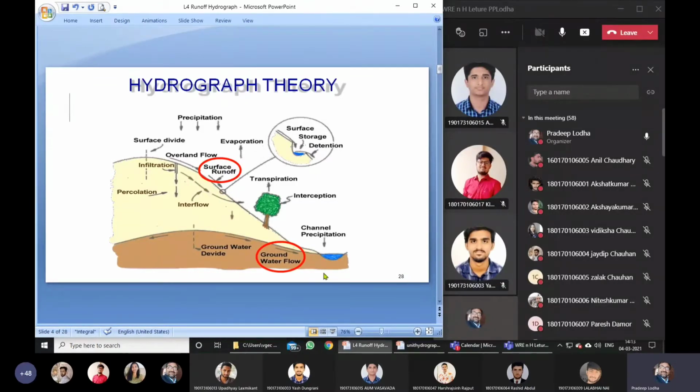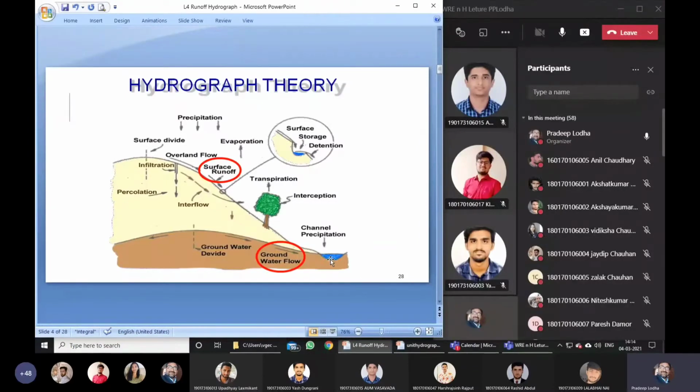What is a hydrograph? We draw a graph at a particular cross section of a river. Suppose this is the Narmada and this is the Kevadia colony cross section where we are creating a dam. We want a hydrograph at Kevadia. So we measure the flow discharges versus time.